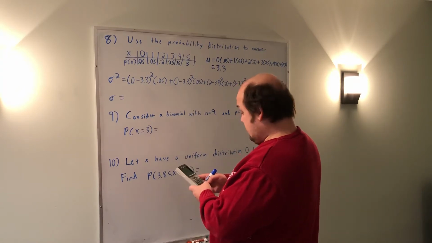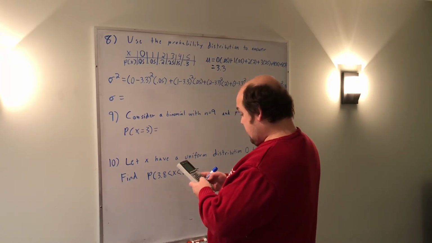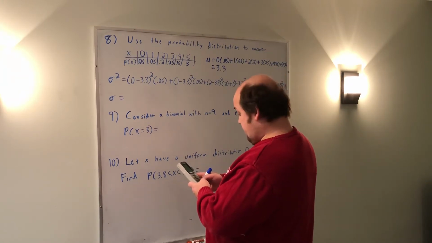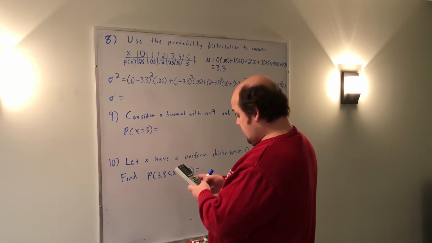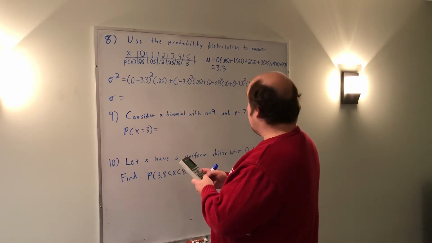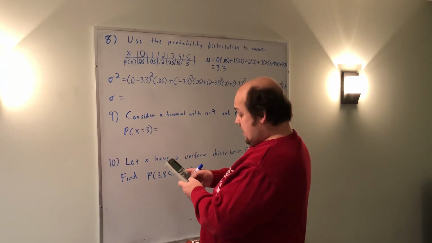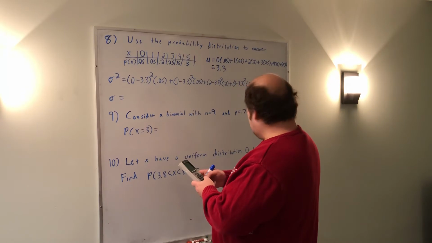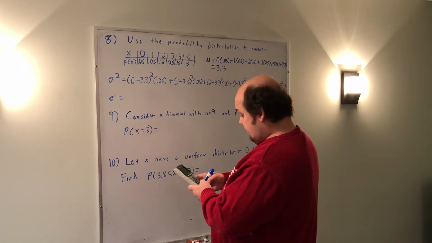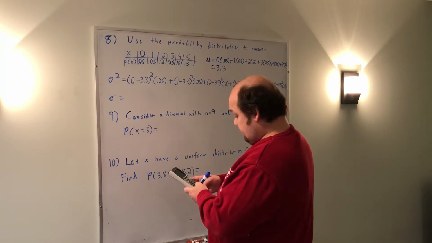plus parentheses 2 minus 3.3, quantity squared, times parentheses 0.2, plus parentheses 3 minus 3.3, end parentheses quantity squared, parentheses 0.25, end parentheses, plus parentheses 4 minus 3.3, end parentheses squared, parentheses 0.15, end parentheses, plus parentheses 5 minus 3.3, end parentheses squared, times parentheses 0.3.